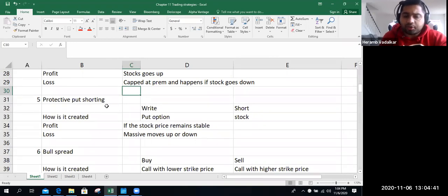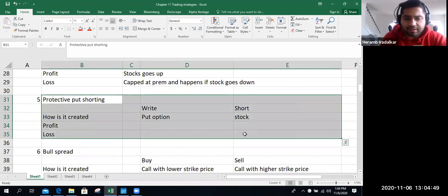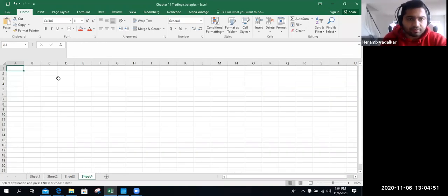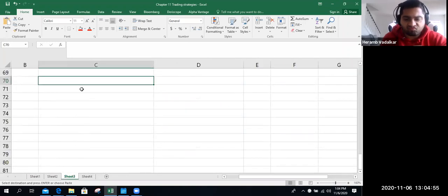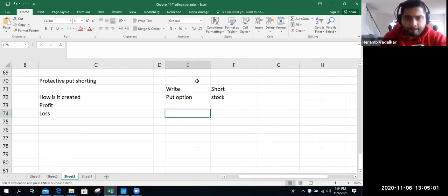Now, protective put shorting. What is that? We'll again delete this. Protective put shorting. So I'll copy this and we'll discuss it with Tesla. So in protective put shorting, you write a put option and you go short on a stock.